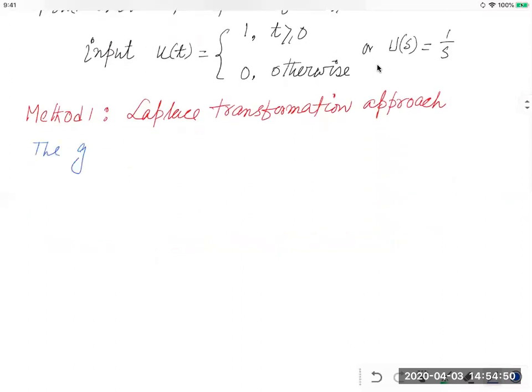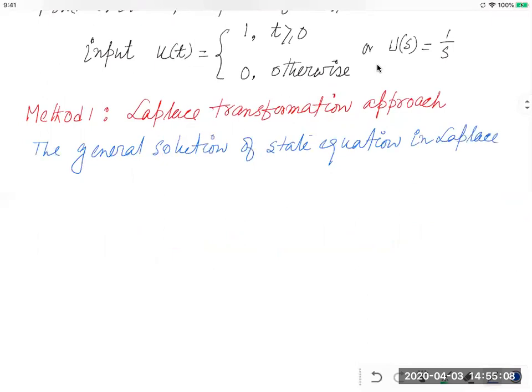The general solution of the state equation in Laplace domain is X(s) is equal to (sI minus A) inverse multiplied by initial condition.